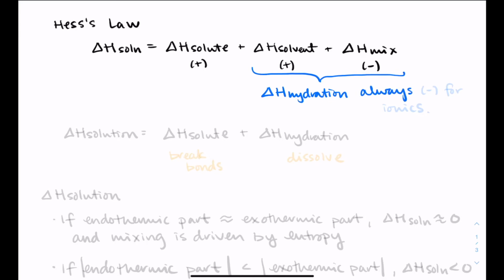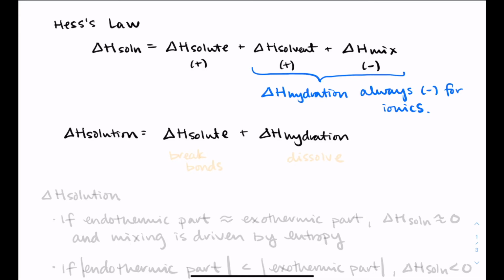For an ionic compound, the enthalpy of hydration is always negative. So if we have an ionic compound, great. If we don't, we'll have other things that we have to consider. Now that this is combined, my delta H of solution is the delta H of the solute plus the delta H of hydration. Delta H of the solute is where you break bonds.